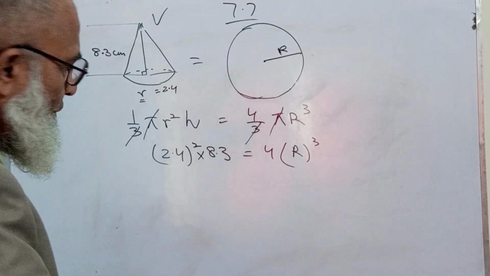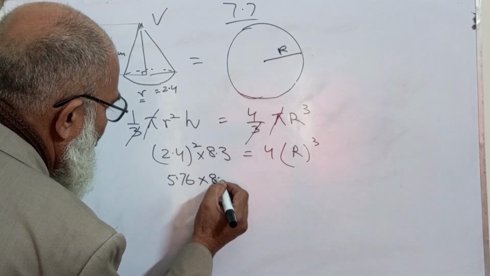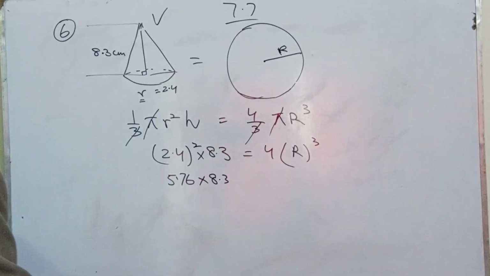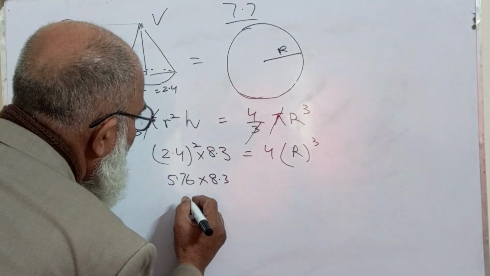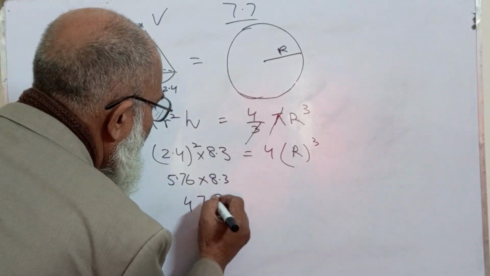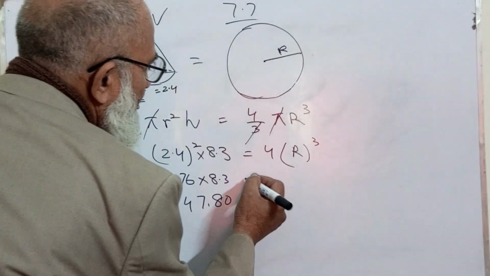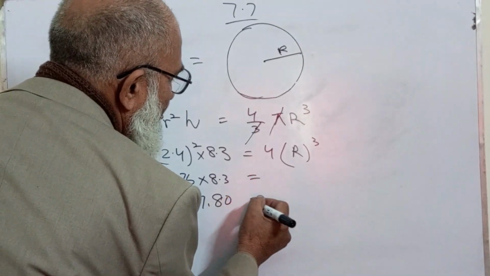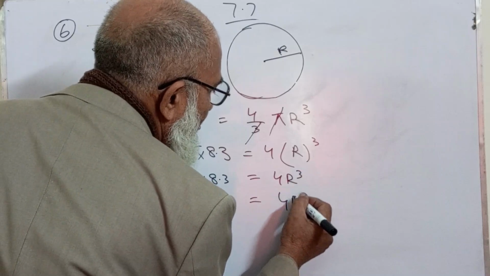So 2.4 squared is 5.76, multiplied by 8.3 equals 47.80. And the other side needs no calculation, it is the same.